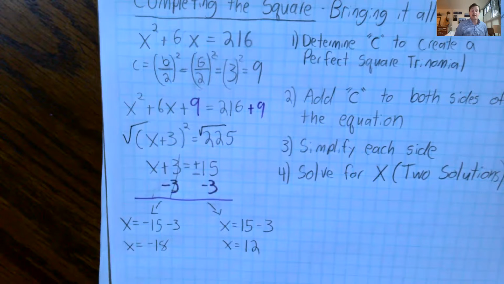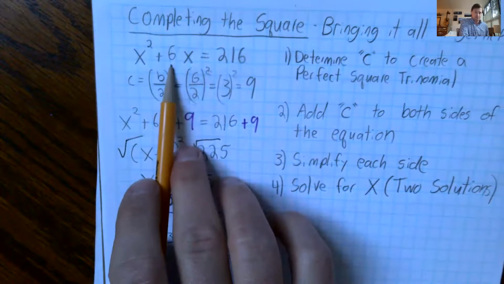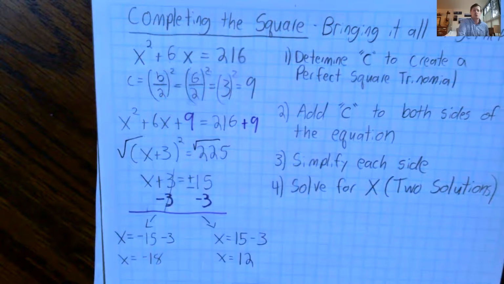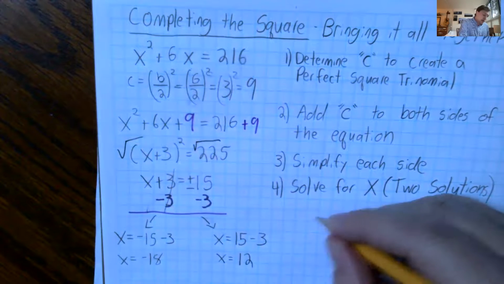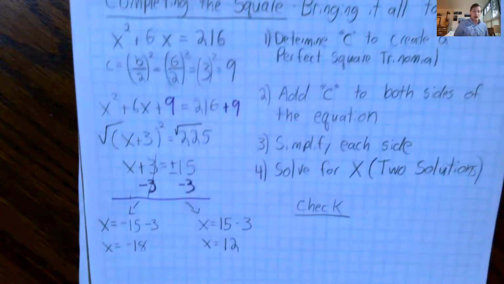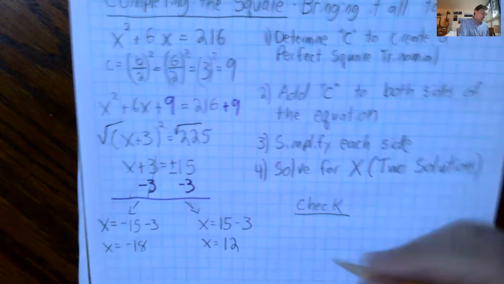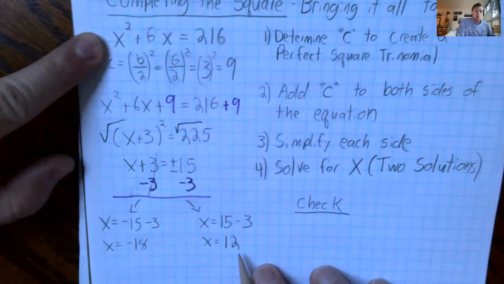So those are my answers, negative 18 and positive 12. We started way up here, and we've got two solutions that make this equation true. Let's check and make sure that we have the right answers here. I'm going to pick positive 12 just to make it easy. So I'm going to go back to my original equation, and I'm going to plug in 12 for x.